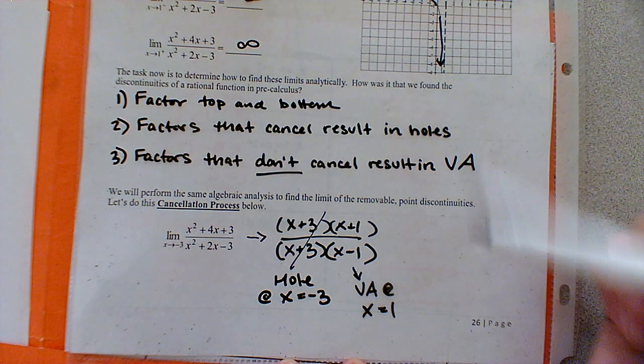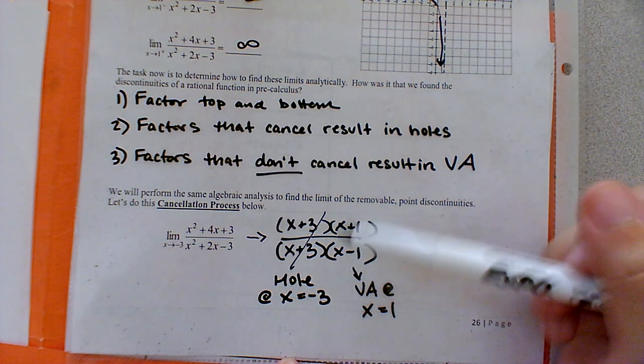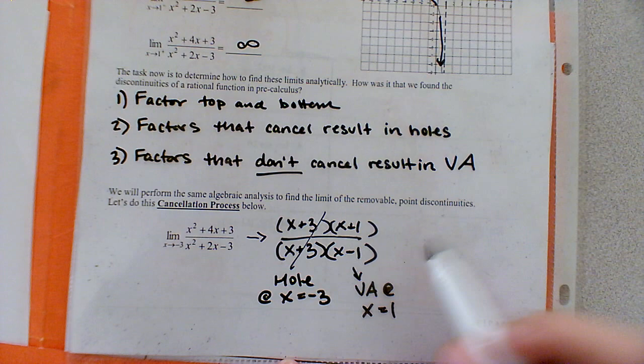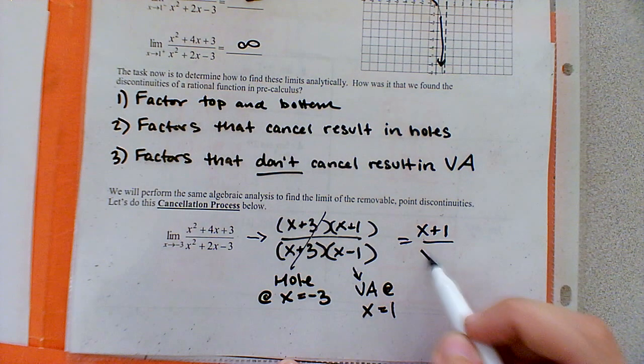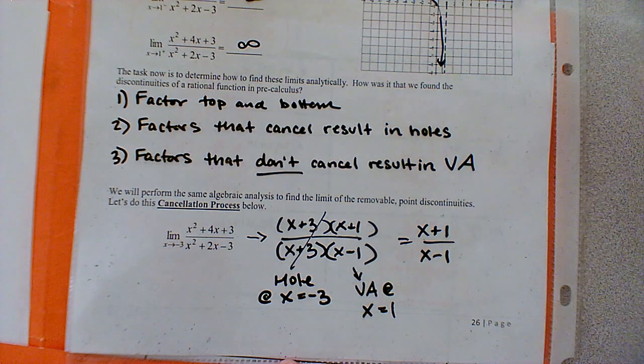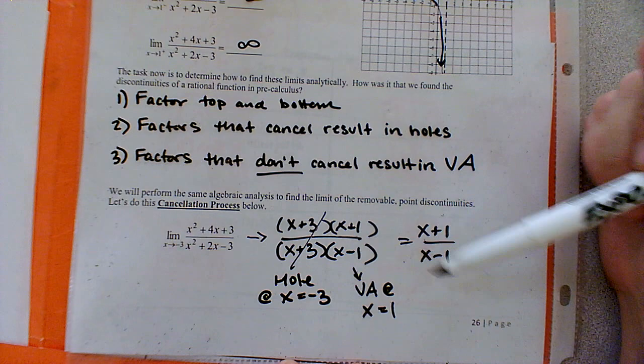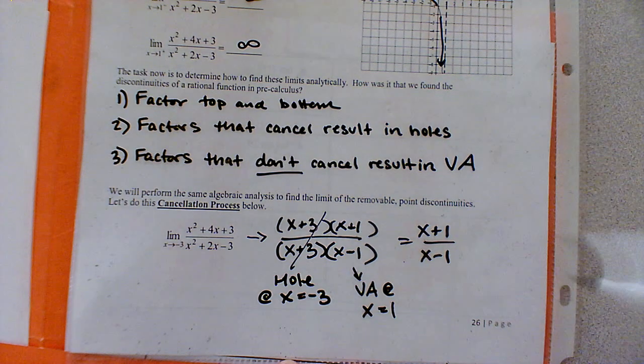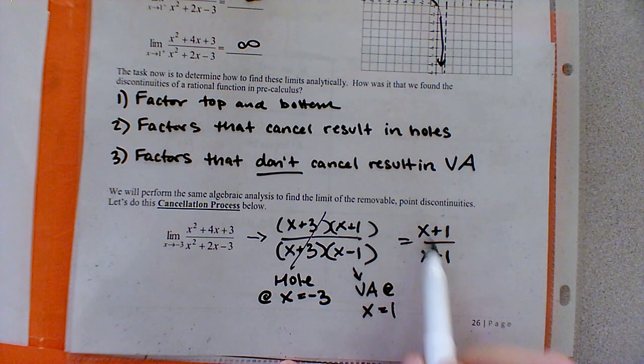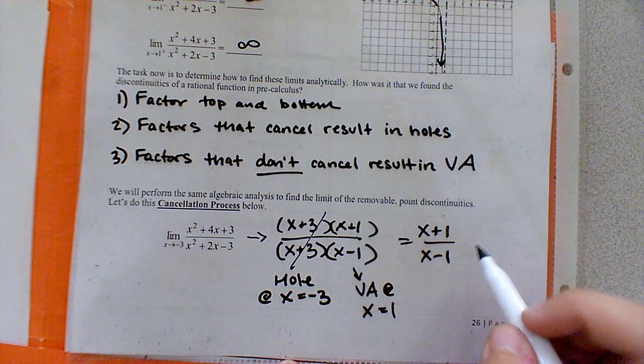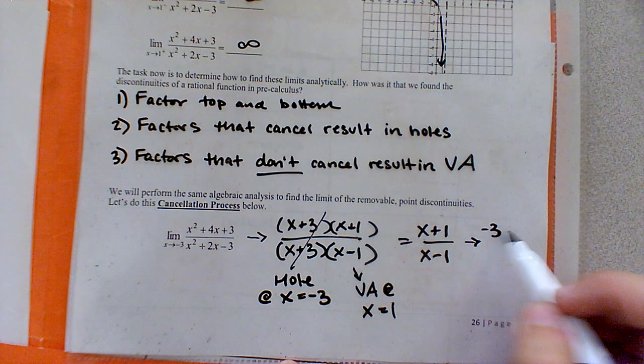Now what's interesting about this is notice how we're left over with x plus 1 over x minus 1. What we can do is use this simplification to actually help us calculate the height of the hole. So if we determined that the hole is at -3, let's go ahead and substitute in -3 for those x's.